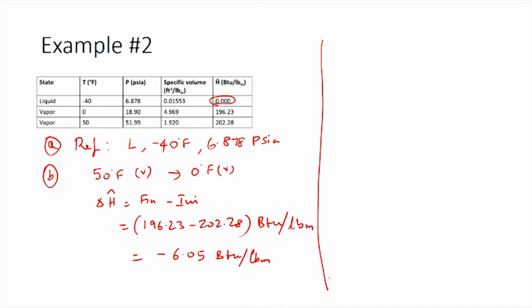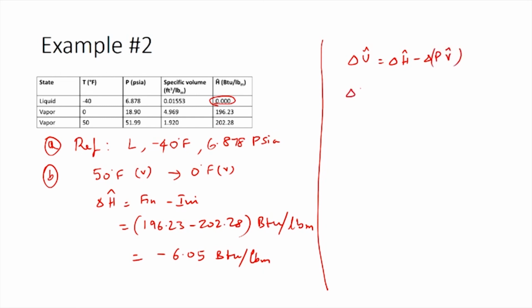We have also been asked to find the change in specific internal energy. So, this value is not directly available from the table. However, we can calculate it as delta U cap equal to delta H cap minus delta of PV cap.